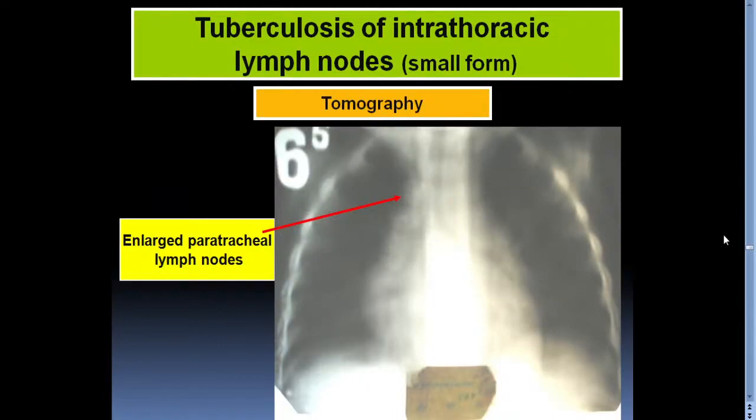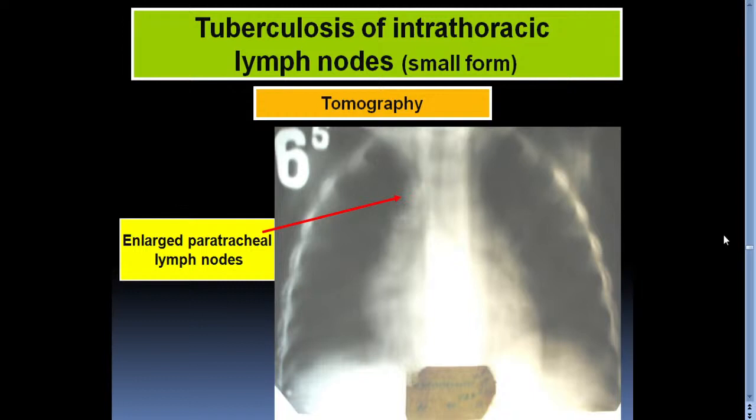Better to use for revealing of small form of bronchoadenitis tomography or CT scan. Because in this examination, enlarged lymph nodes we can see better than on X-ray.